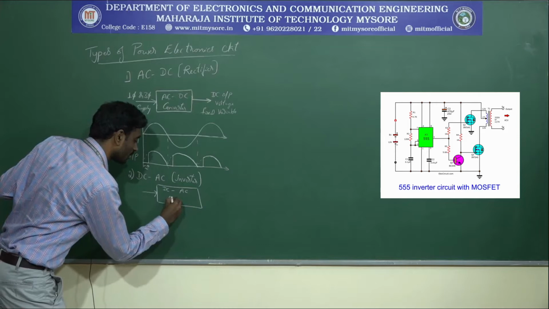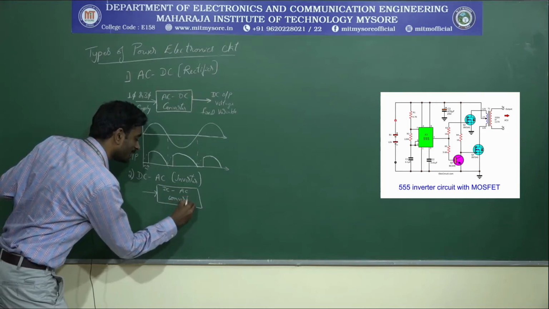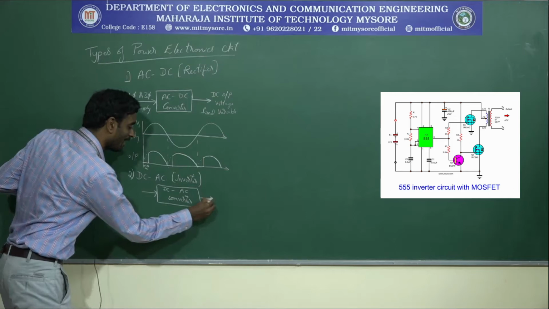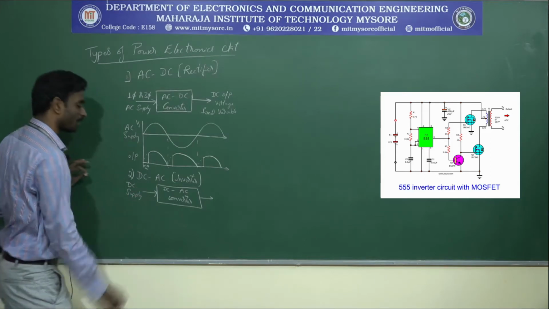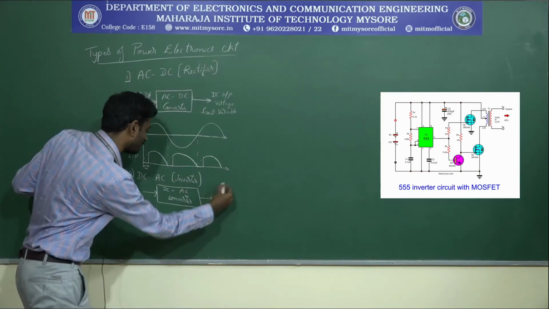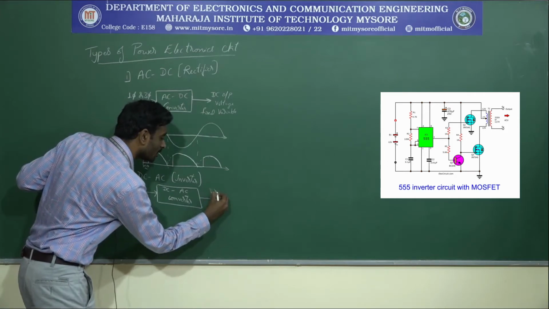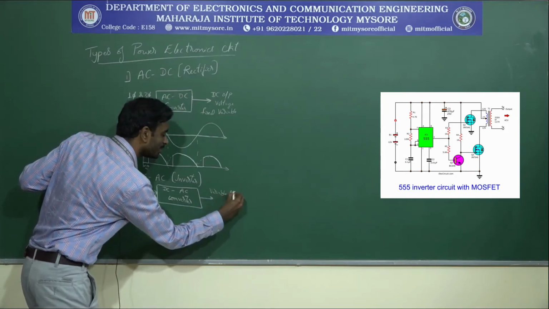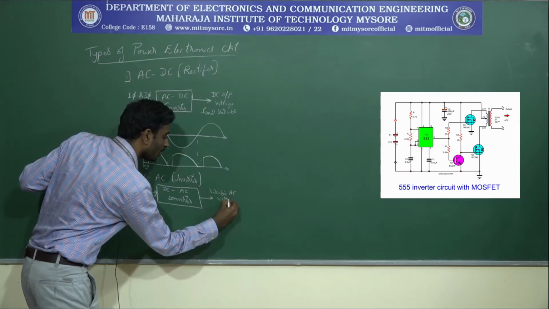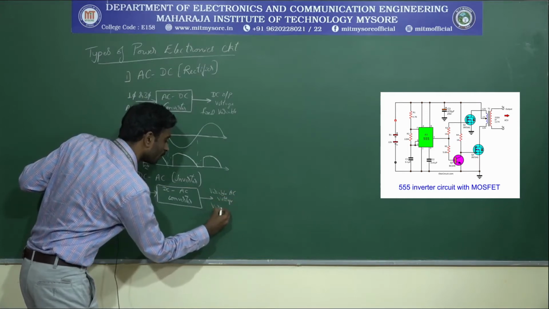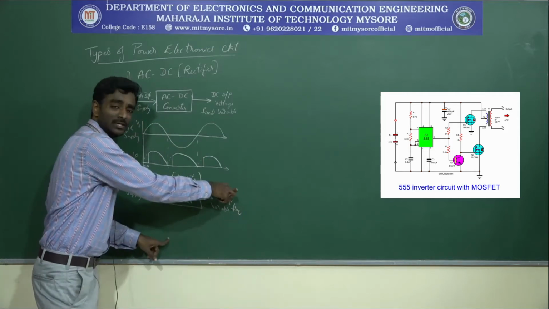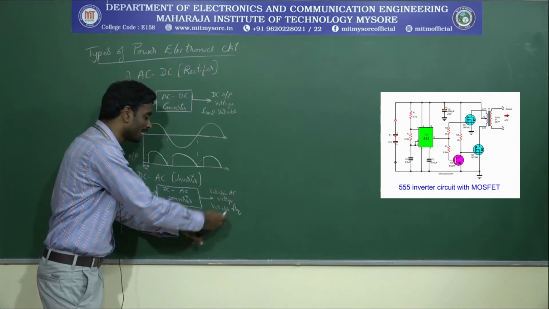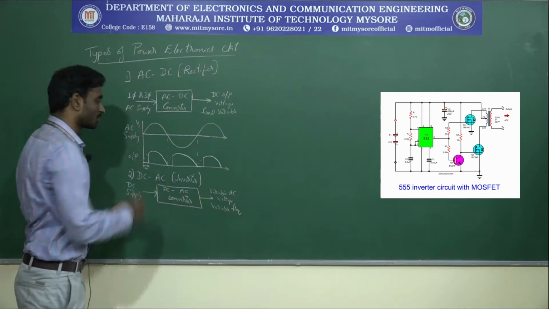So this block will be considered a DC to AC converter, where the input is a DC supply voltage, but the output will be a variable AC voltage and also variable frequency, where in this case both the AC voltage and the frequency will be variable at the output of the inverter.